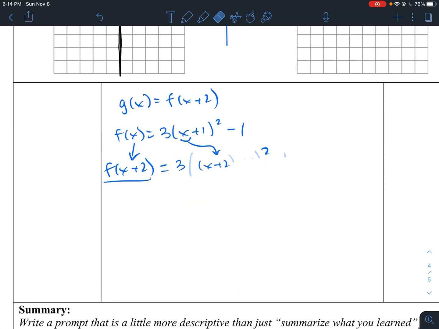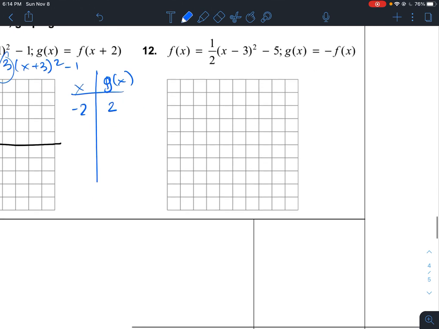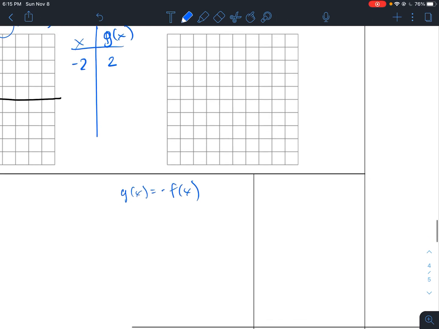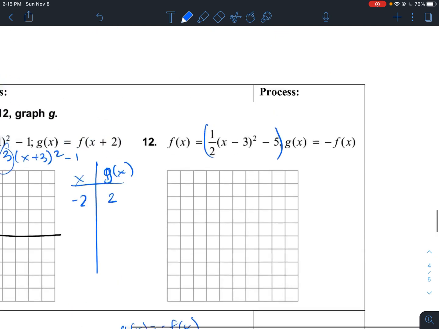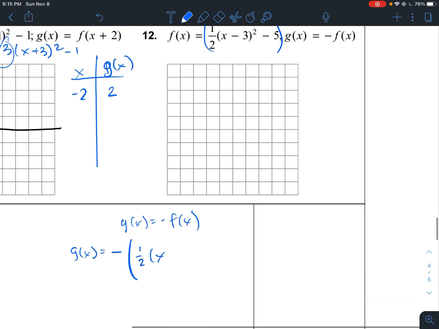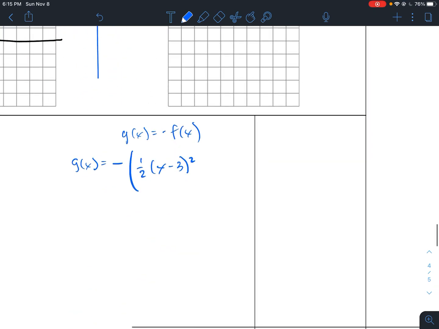Here, let me erase this right here. So g of x is equal to negative f of x, and f of x is equal to this right here. This is f of x. So if g of x is equal to negative f of x, that means g of x is equal to negative, and f of x is 1 over 2 times (x minus 3) squared minus 5.